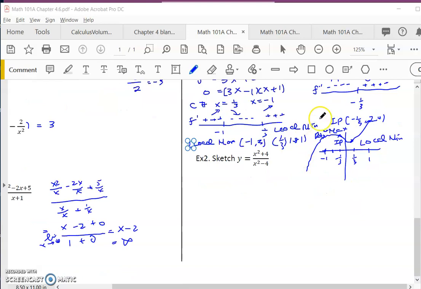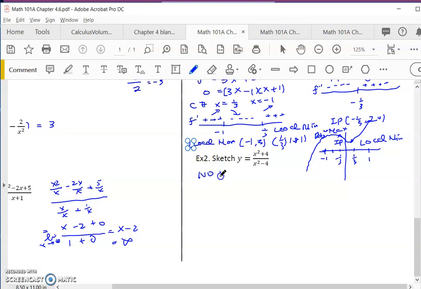Okay, so we did example 1, so this is example 2. The function is x squared plus 4 over x squared minus 4, a rational function. First of all, is there any x-intercept or y-intercept? The x-intercept is when y equals 0, so there's no x-intercept because you cannot have x squared plus 4 equal to 0.